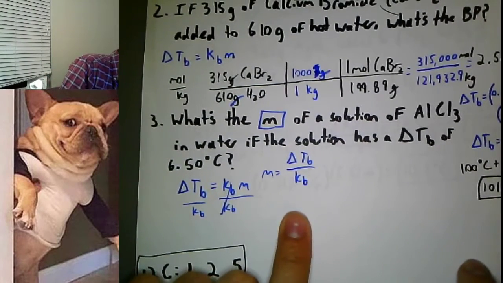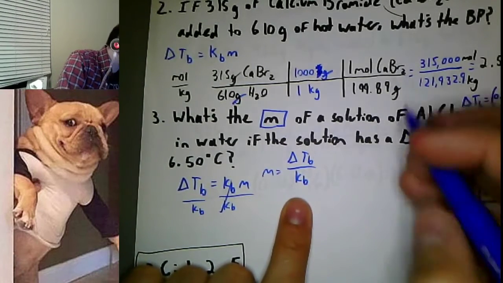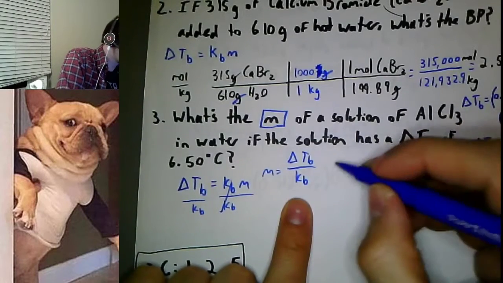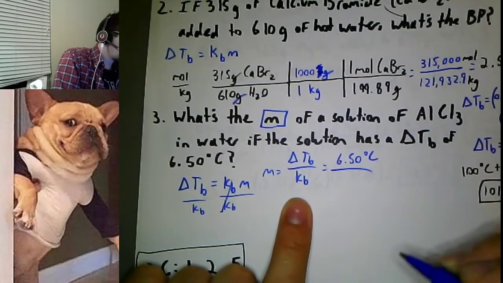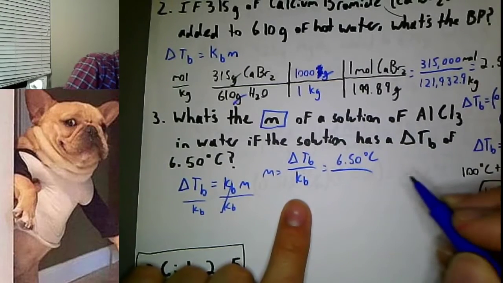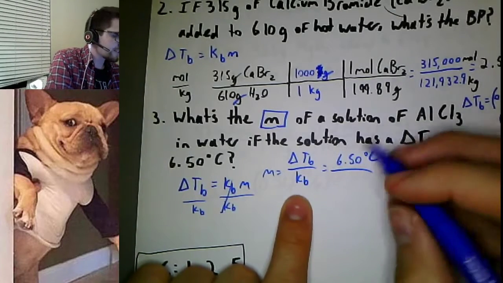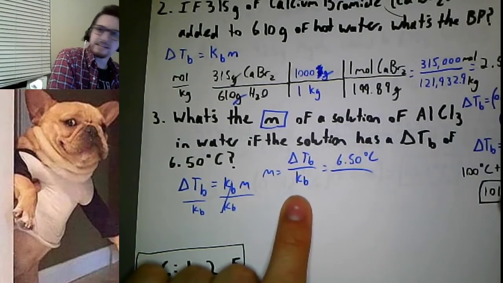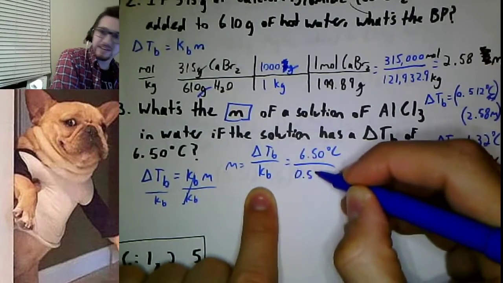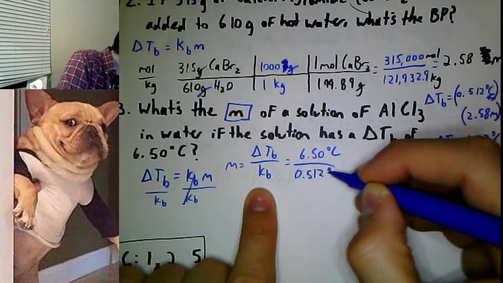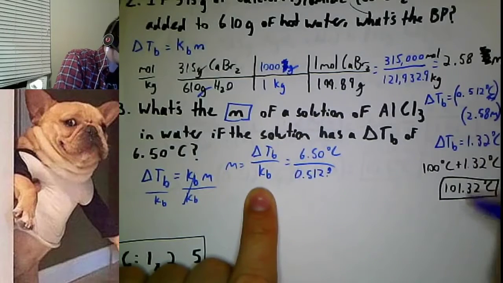All right, so what do I have? I have the change, right? The change is just 6.50. So I have 6.50 degrees Celsius over, what is my constant for water? I just used it. It is 0.512 degrees Celsius per molality.